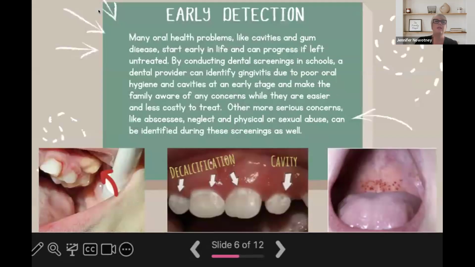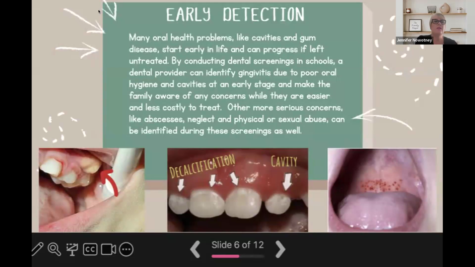So what are we looking for? Dental screenings are more than just for looking for cavities. School-based dental screenings can help detect and inform parents about issues before they become a problem. During a dental screening, a dental provider will assess not just for cavities, but for hidden infections, like in the first slide.